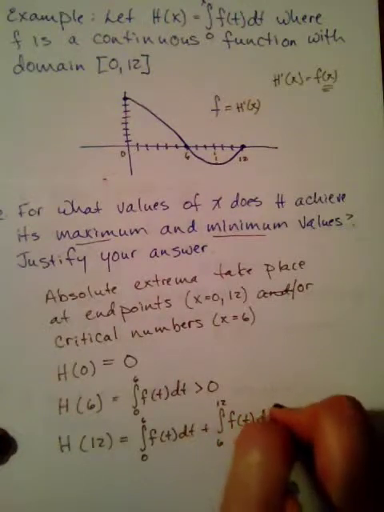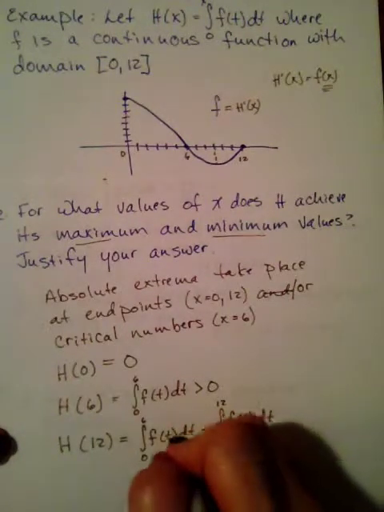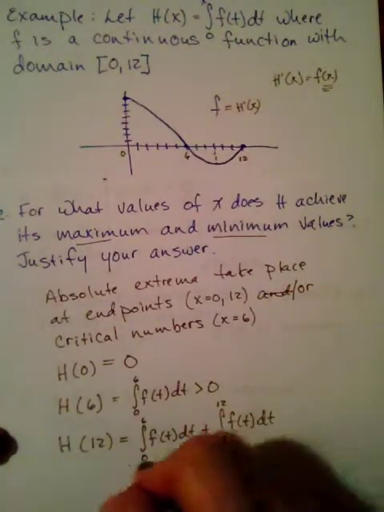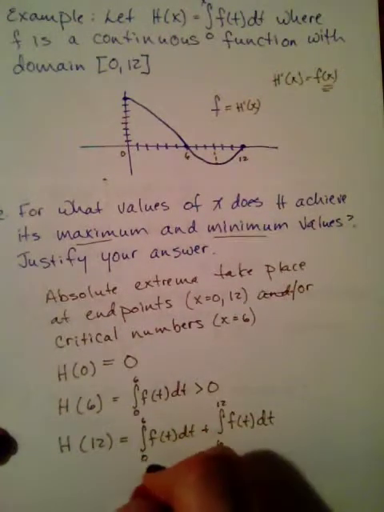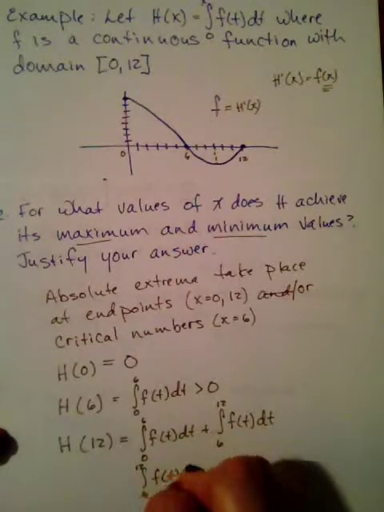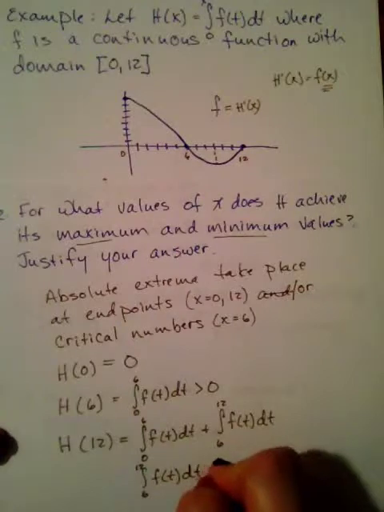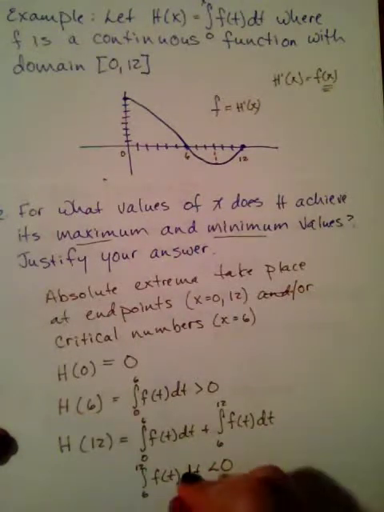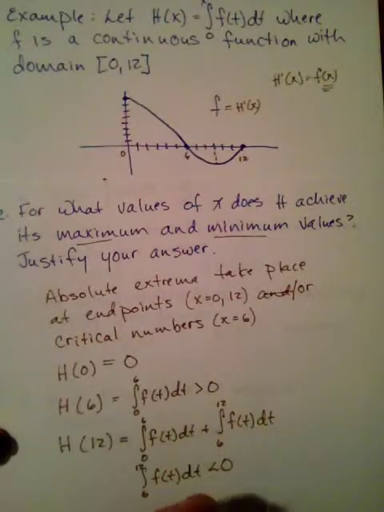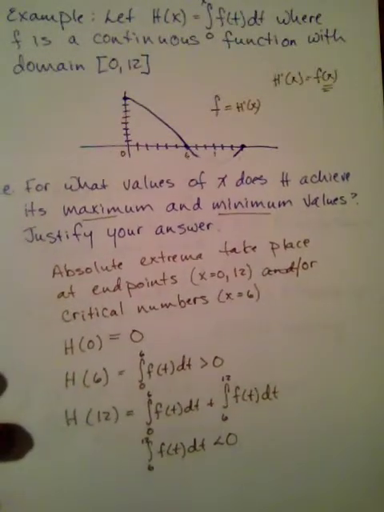And there are all different kinds of ways you can say this. I know that this was greater than 0. I also know that the integral from 6 to 12 of f of t dt is less than 0, but I also know that it's actually less than this. So I'm going to put that in there as well.